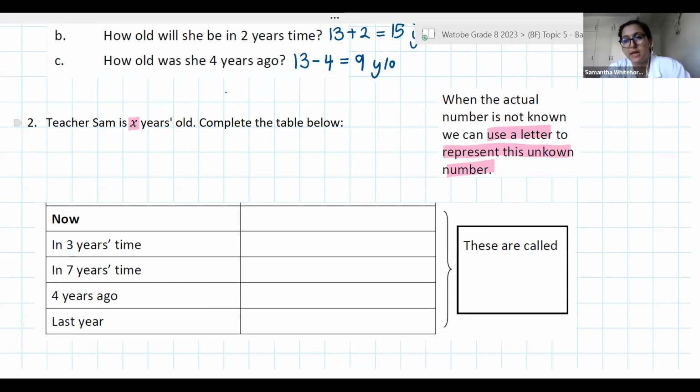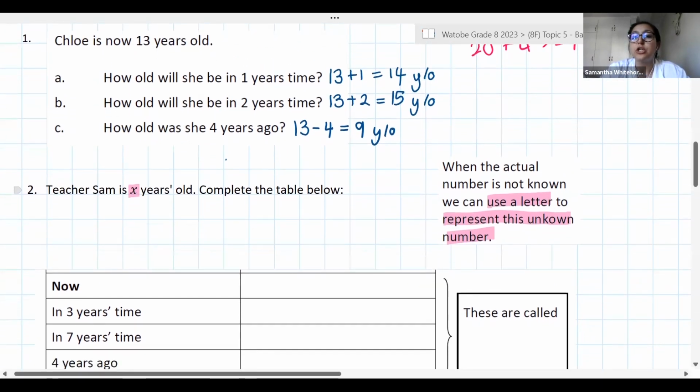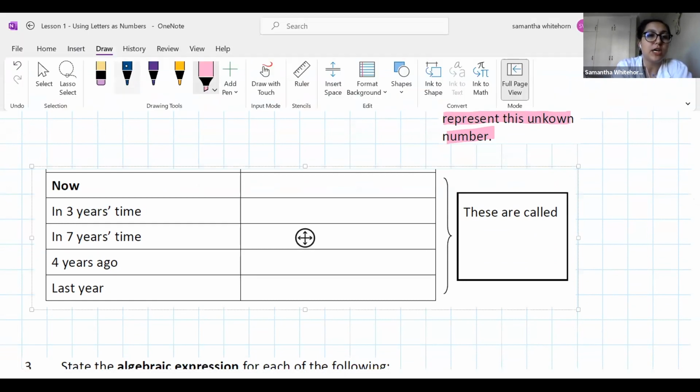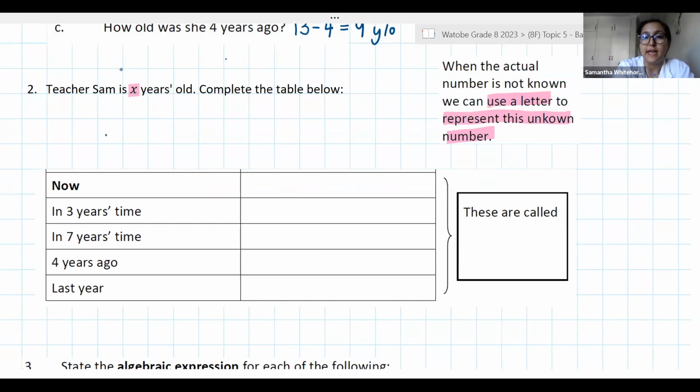From that, we can now start to build expressions like we did in the first question to help us eventually, hopefully, get to an age at some point. On the chat quickly, we know that teacher Sam is currently X years old. So as it stands, I am X years old.